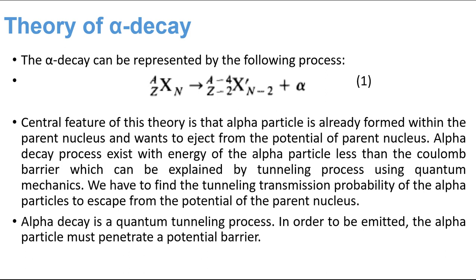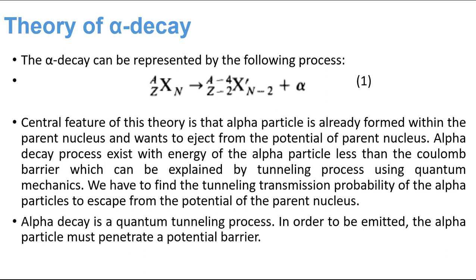In this lecture we will discuss a theory in which it is assumed that the alpha particle is already formed within the parent nucleus and wants to eject from the potential of the parent nucleus.